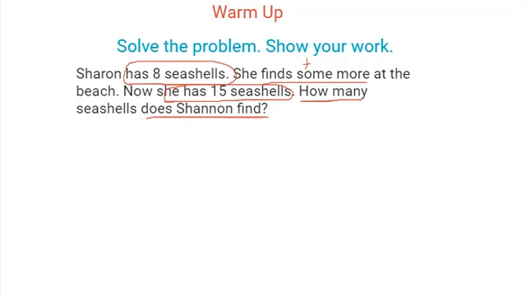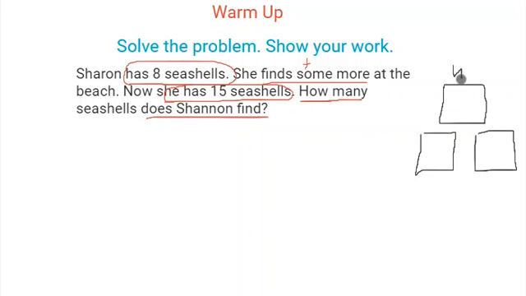If you remember, I like creating a number bond because that helps identify the pieces in the right way. Right now it says she has 15, so that's what her whole is.